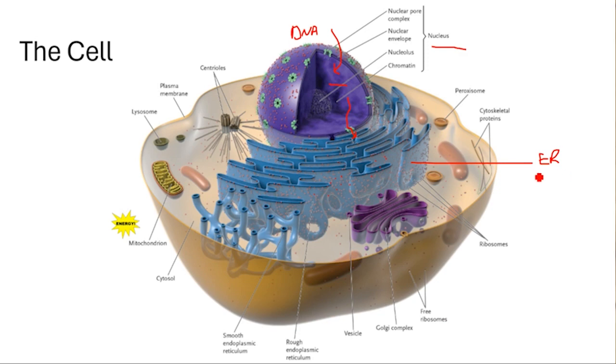We have the rough endoplasmic reticulum, which is where we make proteins. And then we have the smooth endoplasmic reticulum that has a bunch of other functions, including producing carbohydrates and some types of fats. Sometimes after a protein is produced on these little ribosomes, it will get processed and packaged and maybe modified in this structure called the Golgi complex or the Golgi apparatus.